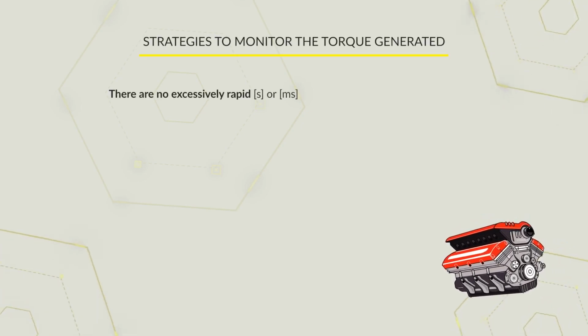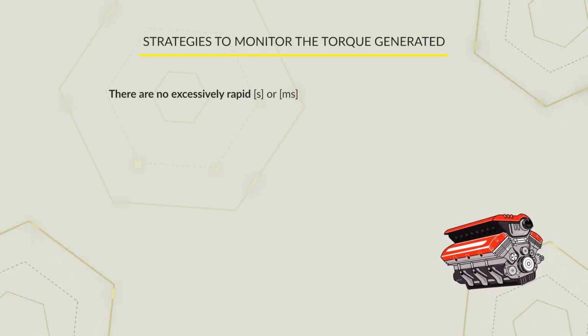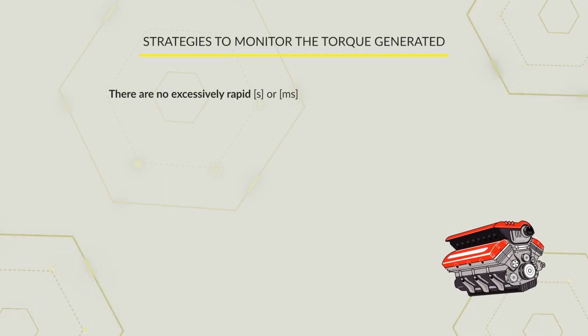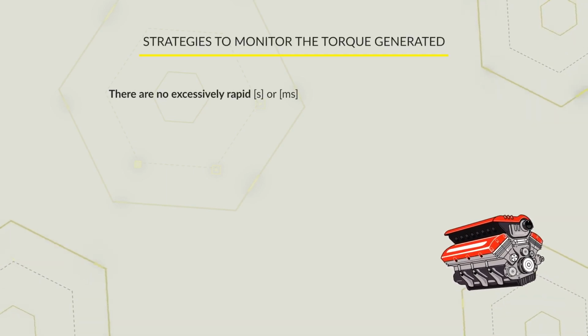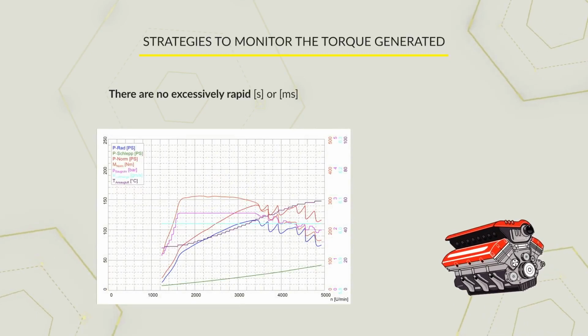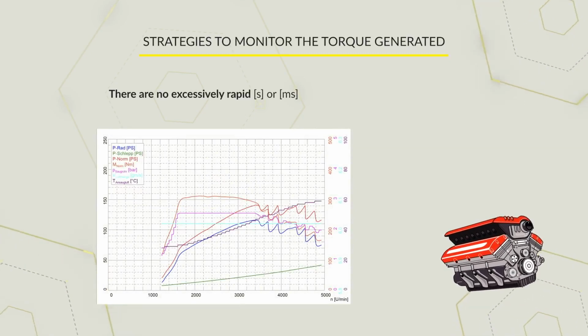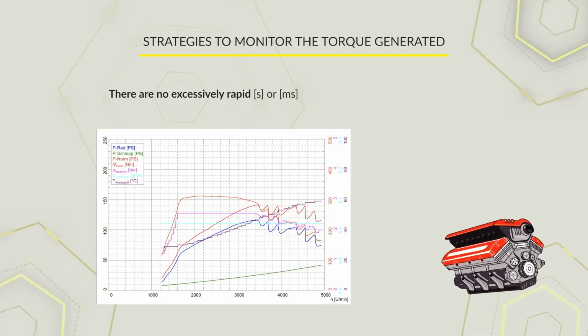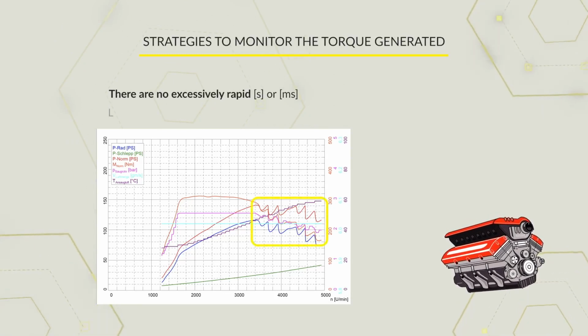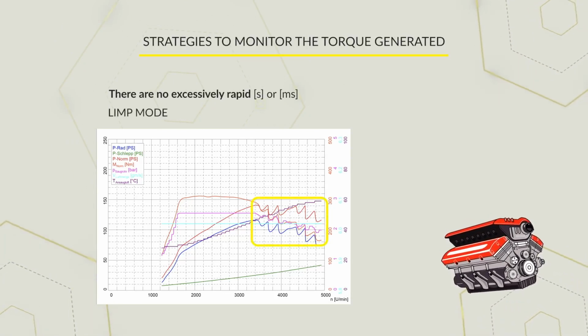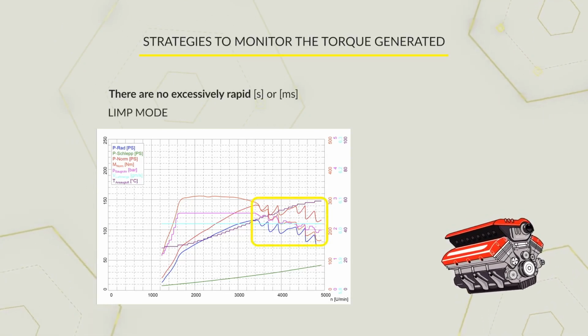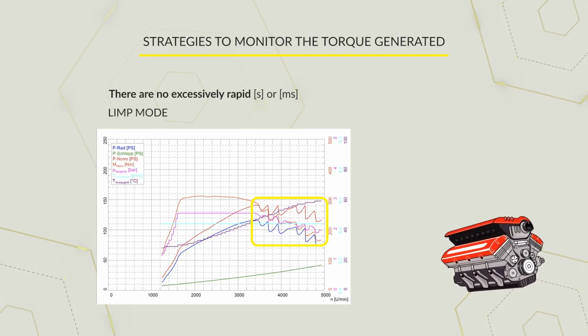In the very short term with respect to a driving cycle, this refers to seconds or milliseconds. What you see, for example, represents an extreme case that the ECU can manage through torque monitoring, bringing the vehicle into limp mode and thus avoiding the extremely rapid variations in torque generation.